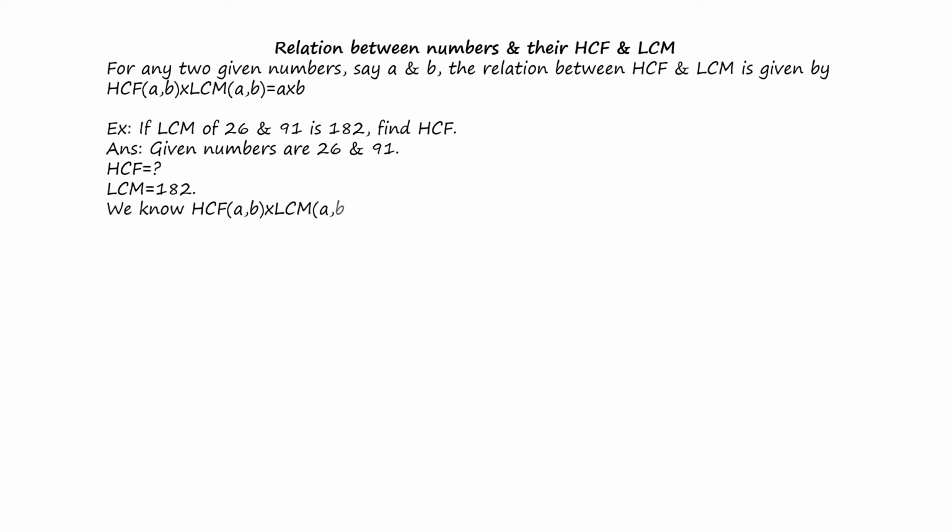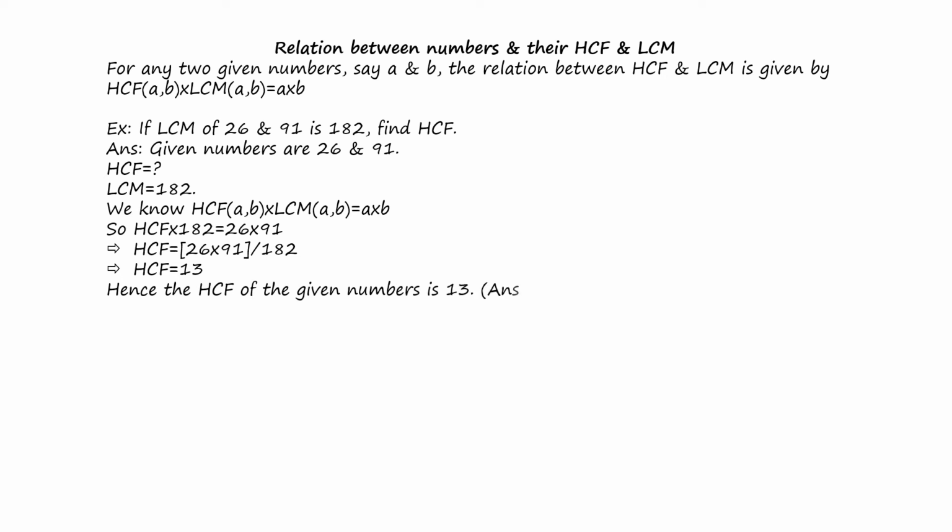As per the relationship, HCF of A and B into LCM of A and B is equal to A into B. Let's put these numbers into this relationship. So we can write HCF into 182 is equal to 26 into 91, or HCF equals 26 into 91 whole divided by 182, which is nothing but 13. So the HCF of the given numbers is 13, is the answer.